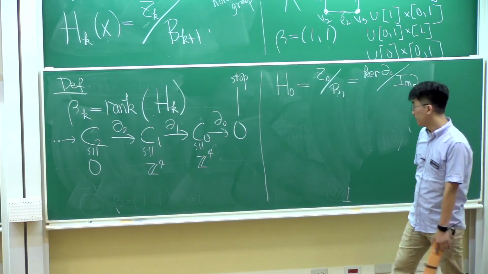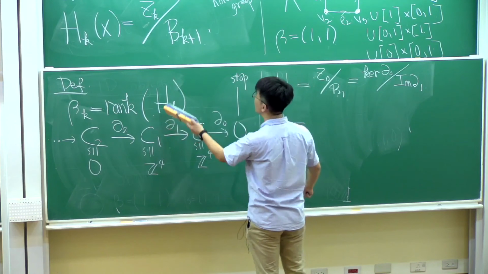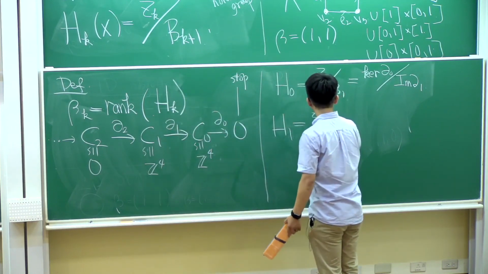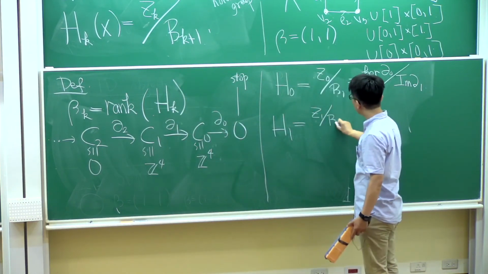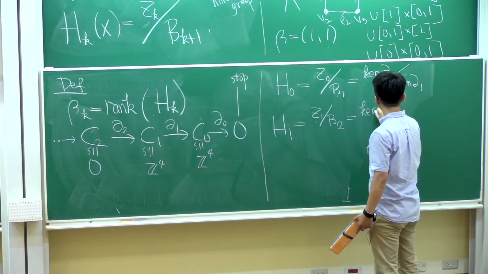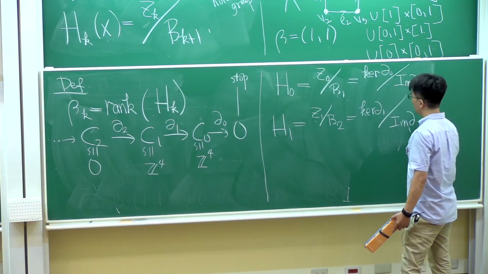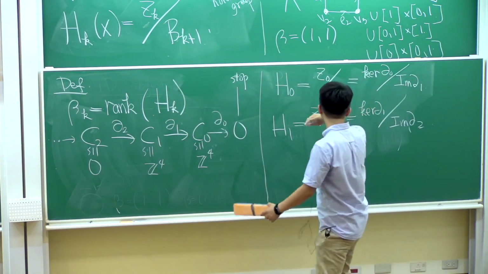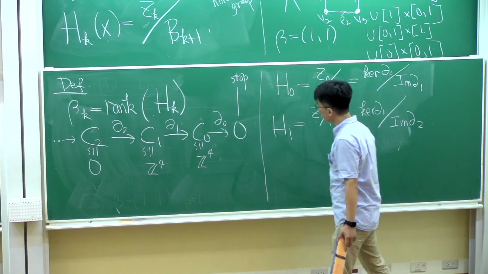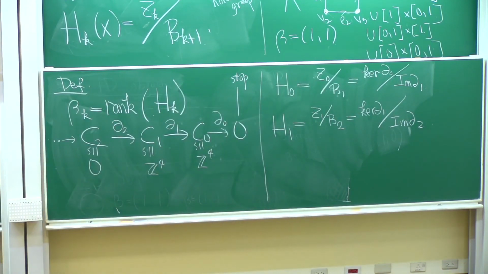Good. And H1 will be cycle mod out the boundary, which will be the kernel mod out the images. And the rest is not important.